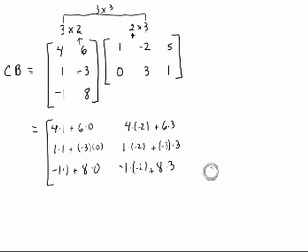Finally, we're going to get the last column. First, we'll get row 1, column 3, 4 times 5 plus 6 times 1.